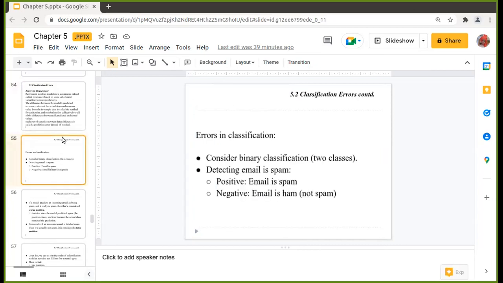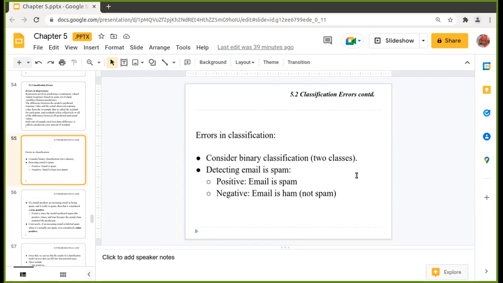So now let us go for errors in classification. For simplicity, I will take an example of binary classification. Binary classification means that the complete item set I want to divide into only two categories, that is, it belongs to either class 0 or class 1. For this, we have taken this example previously also, that is detecting whether an email is spam or not.